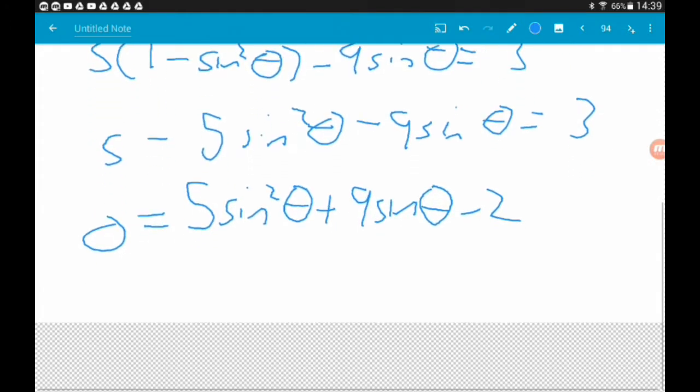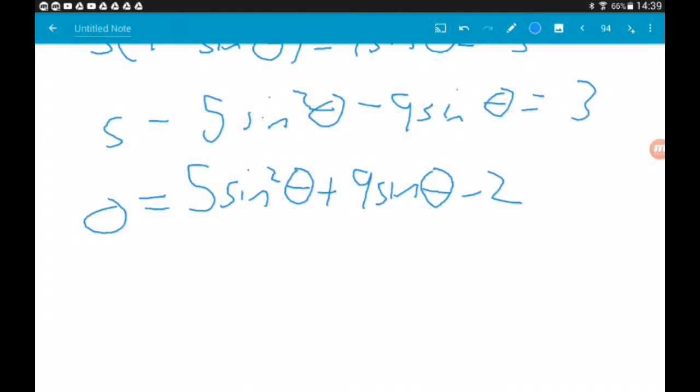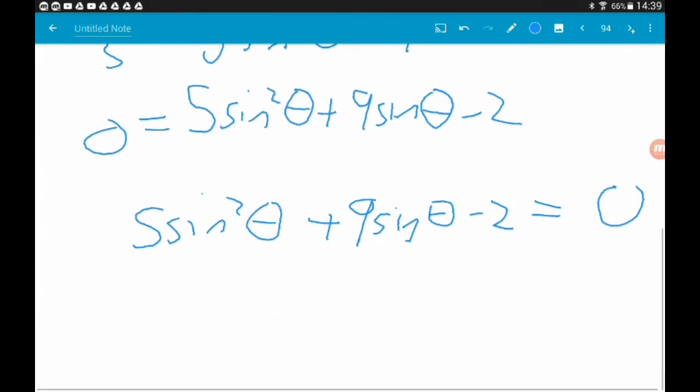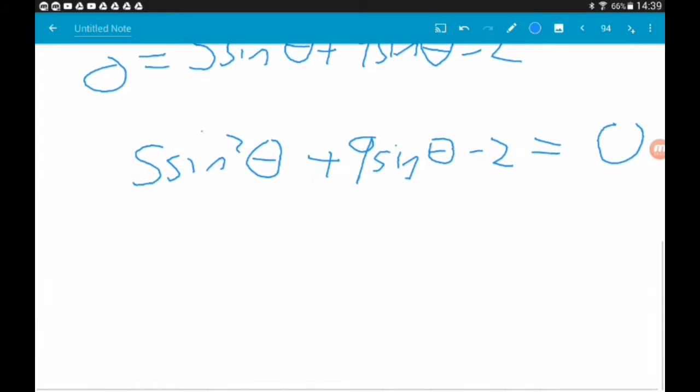So then of course we can write that as 5 sine squared theta plus 9 sine theta minus 2 is equal to 0. So there we have our quadratic. It's fully in terms of sine. Let's factorise and solve.